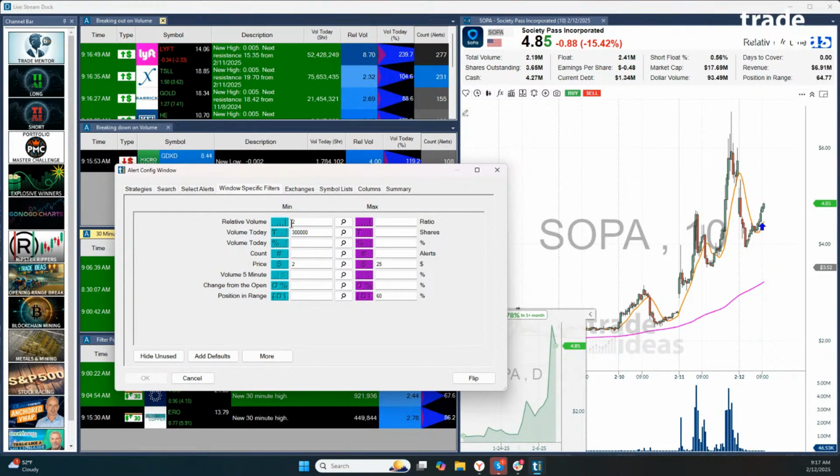So here, very simple, 225, 300,000, 2 times normal volume, but position and range. So remember, I'm going for a 30-minute high, but it's no more than at the 60th percentile. That's why you're not seeing anything at highs and already extended.